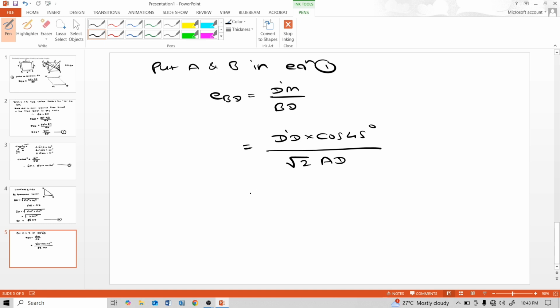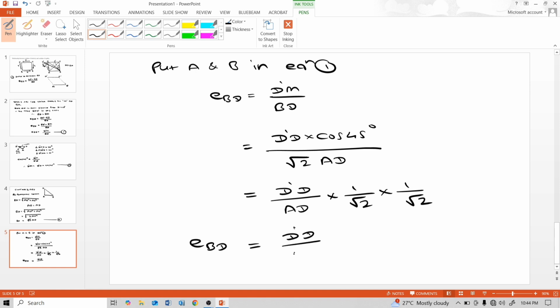Cos 45 is 1 upon root 2. Therefore EBD is D dash D upon AD into 1 by 2.